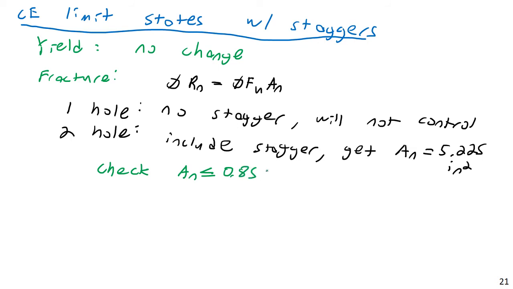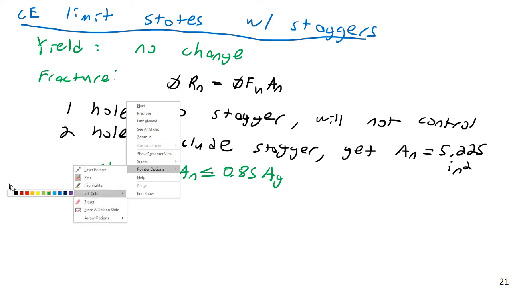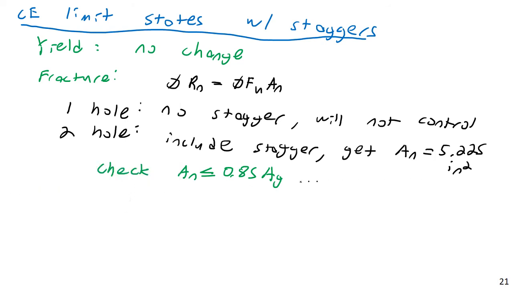So here, we need to make sure that our net area, 5.225, is less than or equal to 0.85 times the gross area, which is 6 square inches.